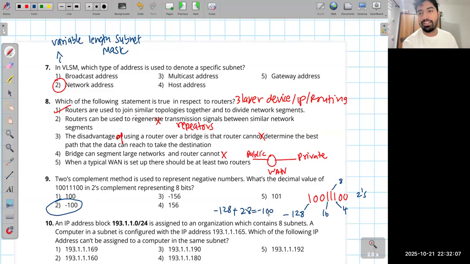It's a shortcut method. If it's a 2's complement number, you can convert it directly by treating the most significant bit as negative. If the sign bit is 1, it is negative. If the sign bit is 0, it is positive.